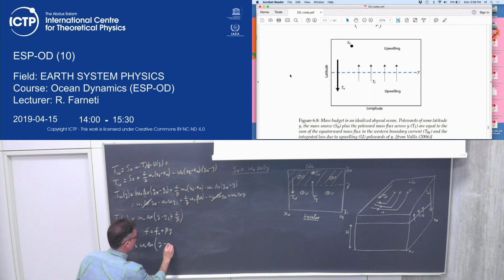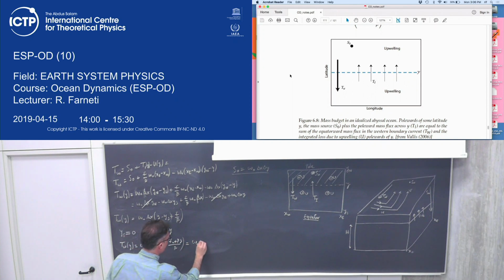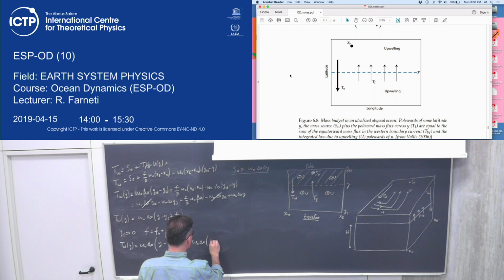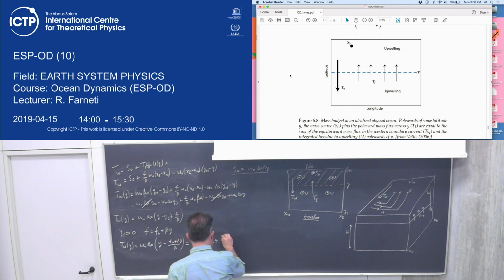So we have y minus f naught plus beta y over beta. And this is W naught delta x times y minus, this is another y, so this is 2y, plus f naught over beta.